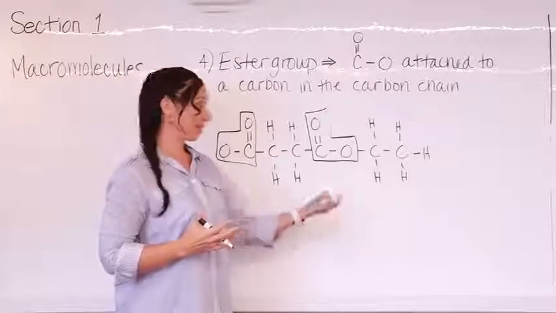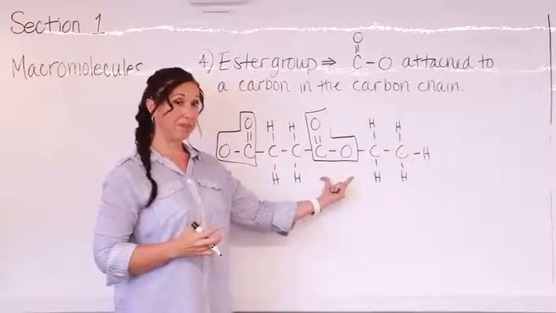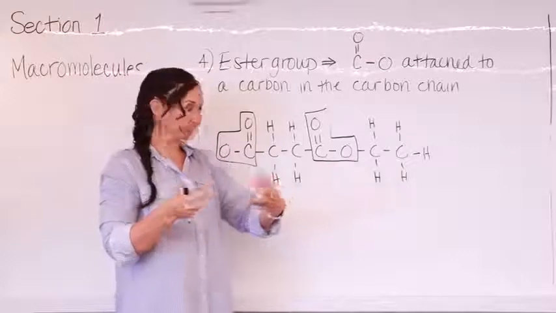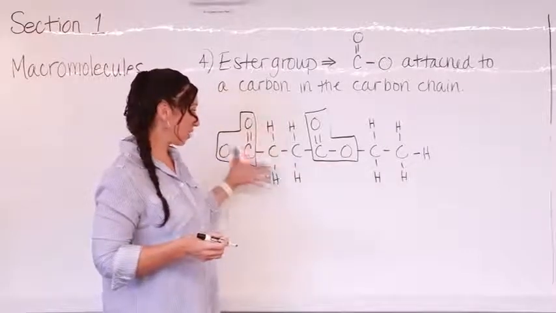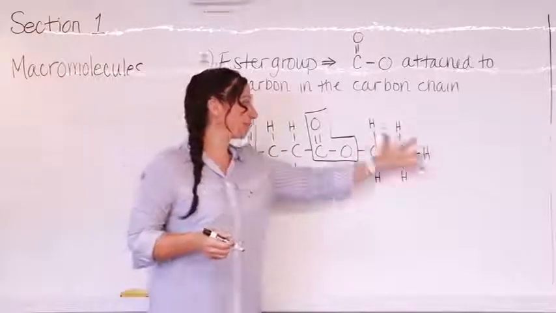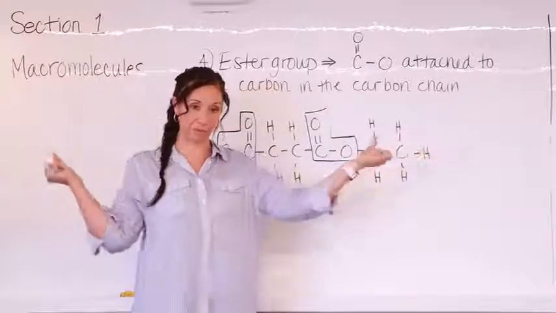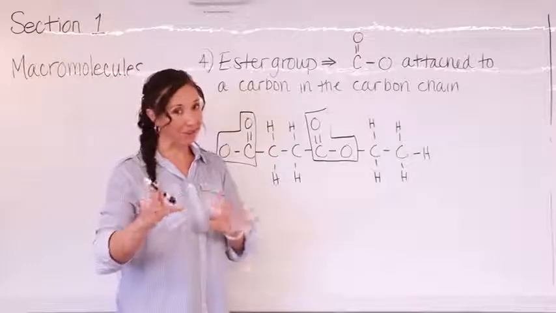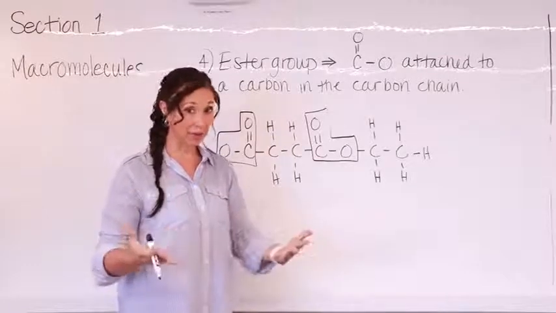The neat thing about this ester in the middle of this chain is that it's actually linking two hydrocarbon chains together. It's linking this section of the hydrocarbon chain with this section of the hydrocarbon chain. It's bringing them together. We actually call that an ester linkage. You don't necessarily need to know that level of nomenclature.